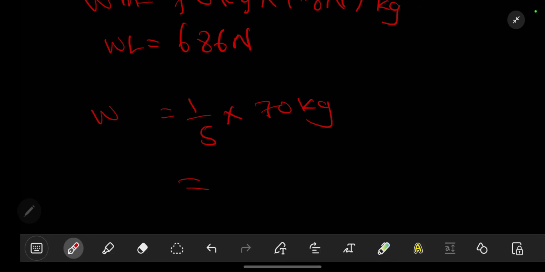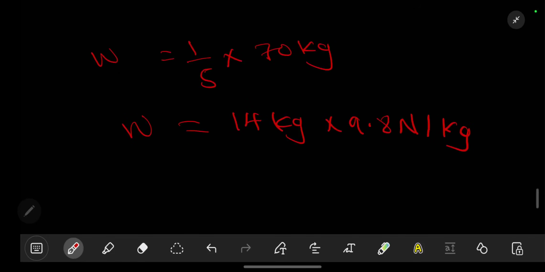This is going to give us 14 kg. So the weight will be equal to 14 kg times 9.8 newtons per kg. This is going to give us a value of 137.2 newtons. So this is the weight of the ladder.